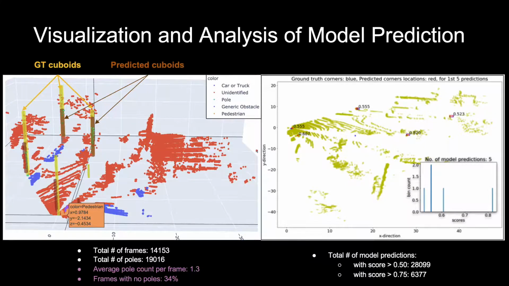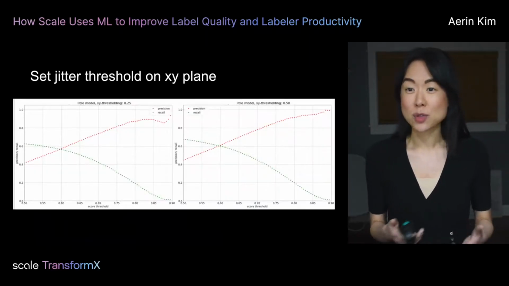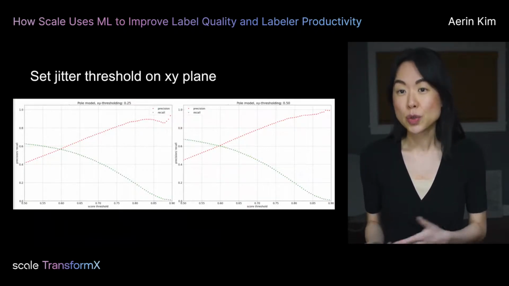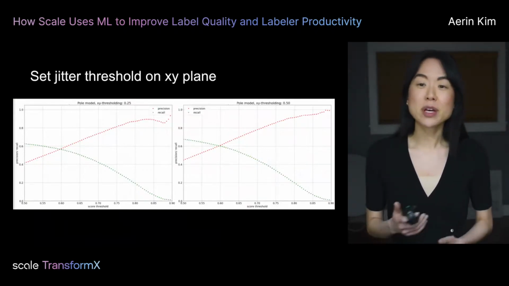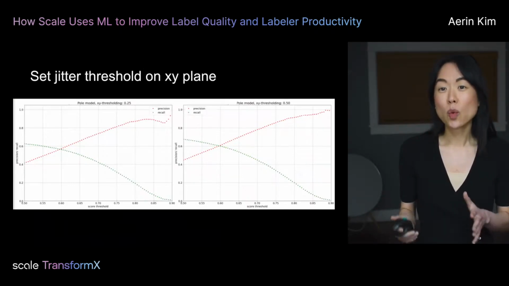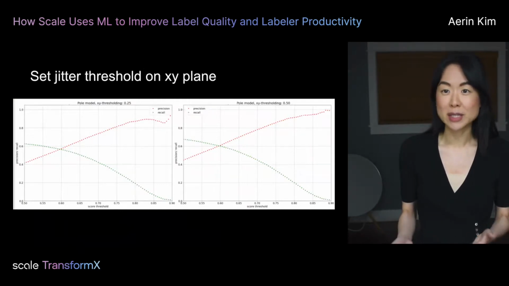As you see, there is a slight difference between prediction and ground truth on the XY plane. So we plotted multiple curves with different XY thresholds from 0.2 meter to 2 meters, and we observed that the curves are fairly stable to jitter within the 1 meter range. So we set the jitter threshold as 1 meter.